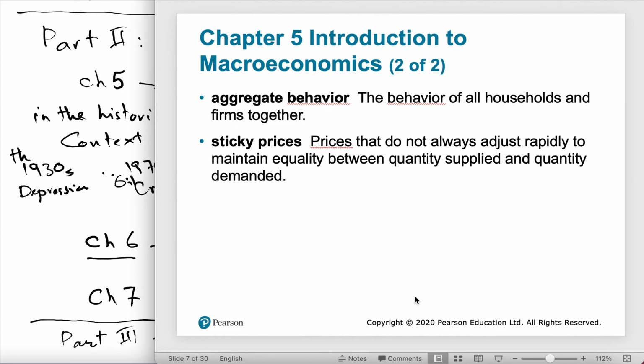In simple microeconomics, we are focusing on only a specific output.